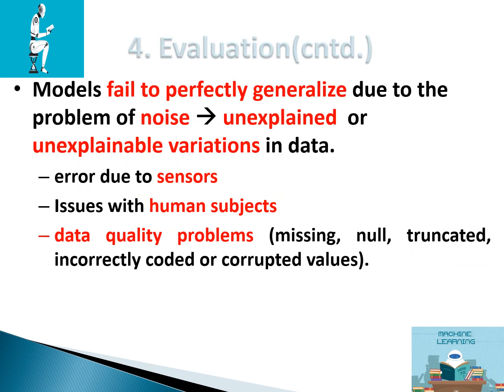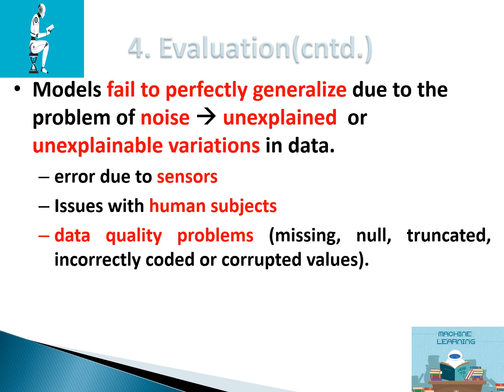A model fails to perfectly generalize due to the problem of noise: unexplained or unexplainable variations in data, like errors due to sensors, issues with human subjects, and data quality problems like missing values, null values, truncated values, incorrectly coded values or corrupted values.